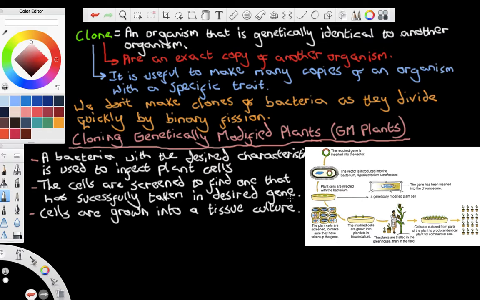Now, a tissue culture is a very important key word, and we're going to define it down here. So, a tissue culture in green.